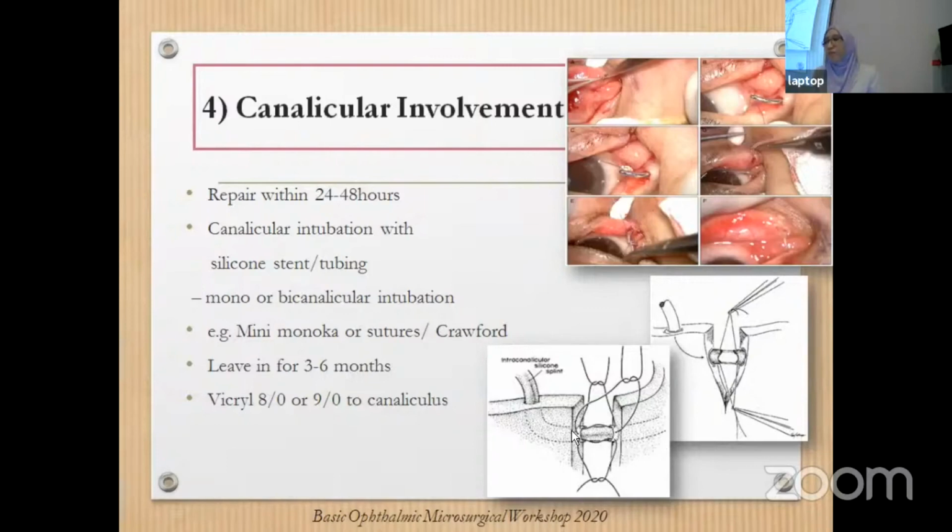Usually after 3 months, if okay, we can just take it out. Then Vicryl 8-0 or 9-0, but usually about 6-0 or 7-0 to the canaliculus. Too small is also very difficult to oppose, because sometimes it is very difficult to find the pericanalicular tissue because of the bleeding and everything.